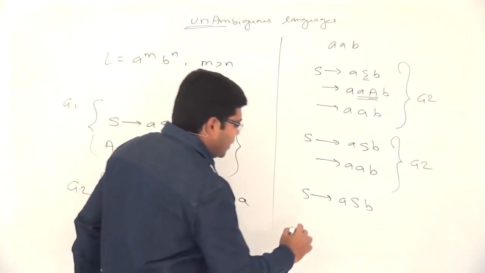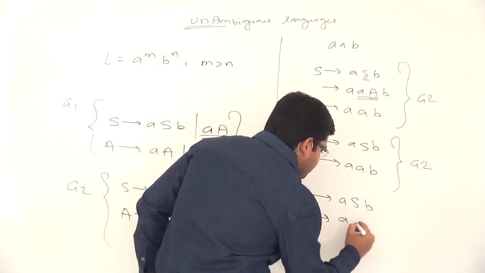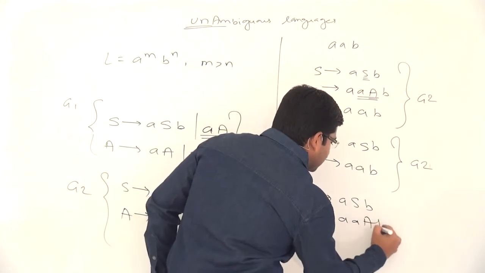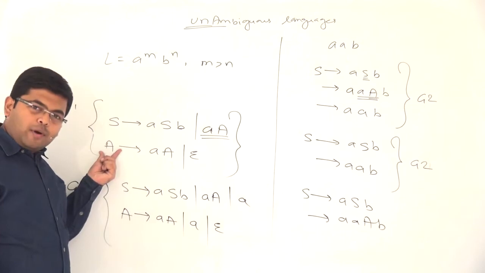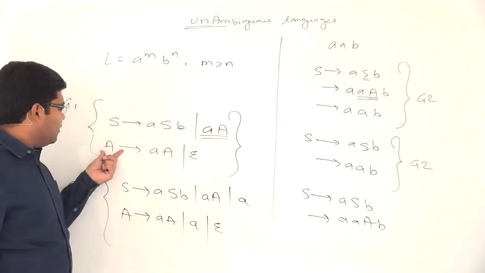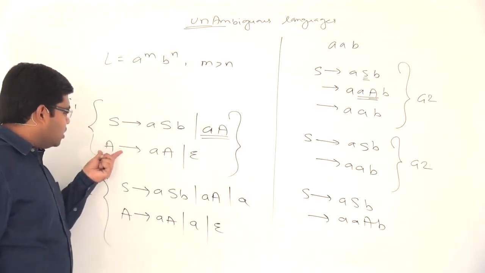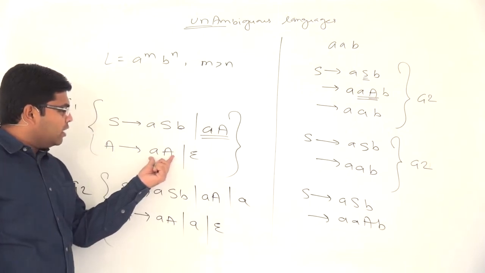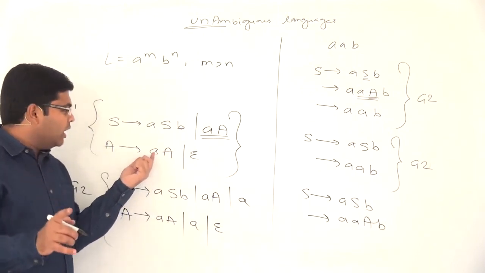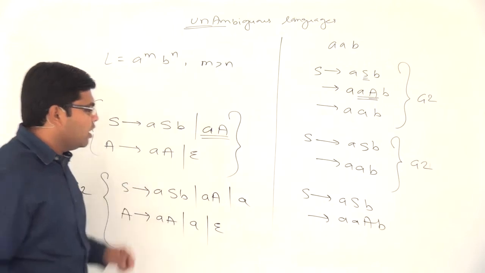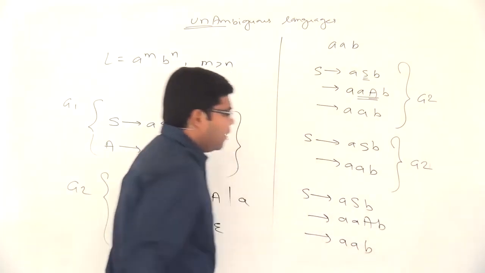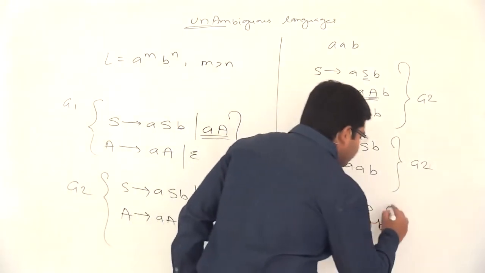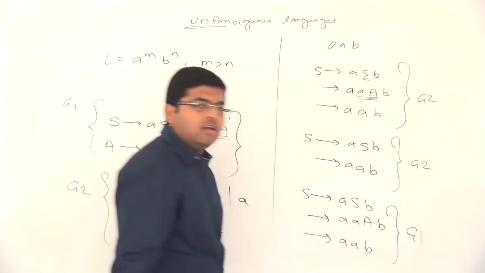Here we will apply a, then small a, capital A, b, and now you need to apply an A production because that is the only variable which is left. While applying the A production, if you apply a capital A, then you will get a third a, which we don't want, and that's why you replace this A with epsilon, and then we get a a b. This is the derivation that we achieved using the grammar G1.